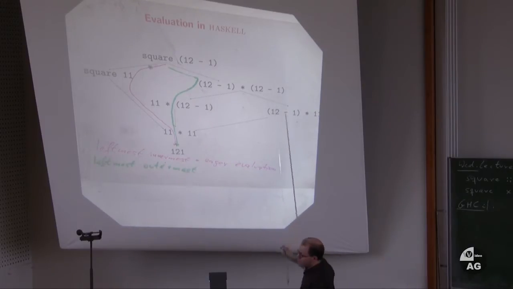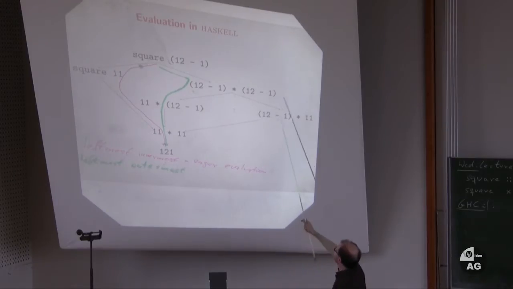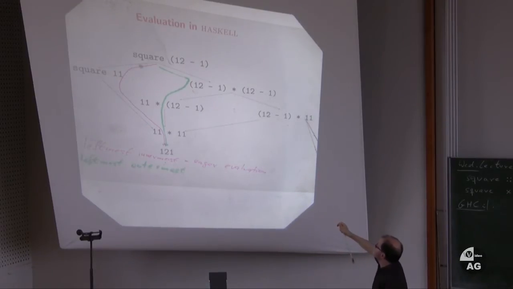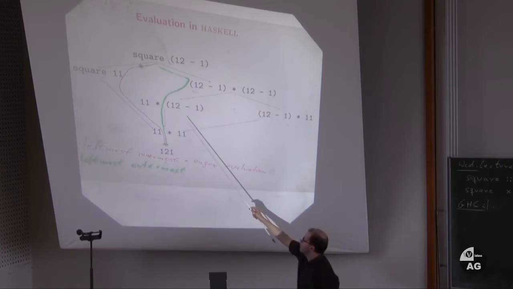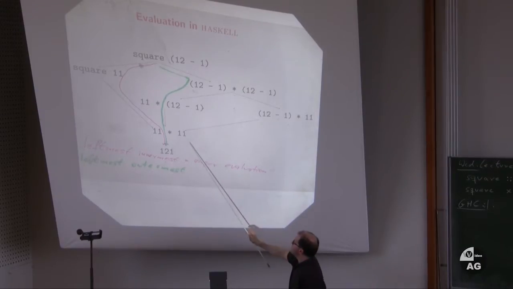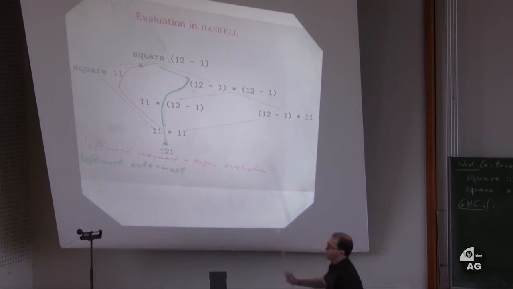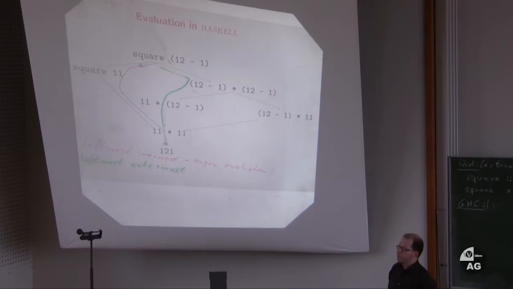And if we evaluate the other minus, then we reach 12 minus 1 times 11. So this is possible. And then if we continue evaluating, in the next step here, we would have to evaluate 12 minus 1 to 11. And here we would have to evaluate 12 minus 1 to 11. So in all cases, we reach 11 times 11, which is then evaluated to 121. So there are three possible paths through this graph.